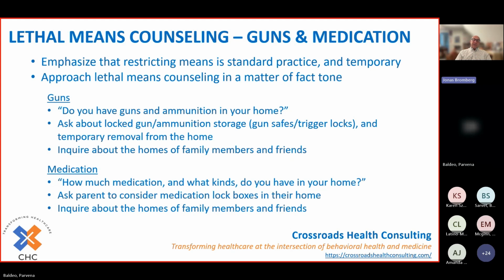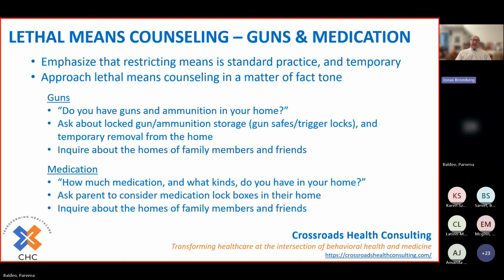We want to ask about the presence of guns in the home, about whether they're locked in storage, whether families use gun safes or trigger locks. Ask about whether guns, if they have them, can temporarily be removed from the home. And inquire about whether there's access to guns in the homes of family members and friends.